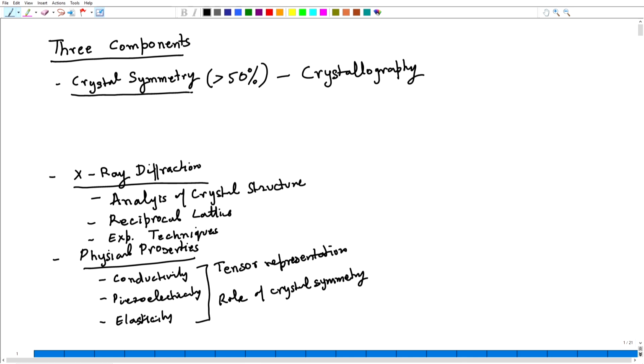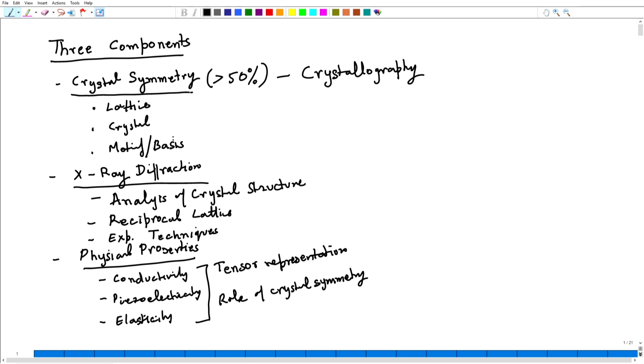Now, coming to crystal symmetry, in today's lecture, in fact starting from today, in the next 2-3 lectures, I want to introduce three key concepts. The concept of what is a lattice, what is a crystal, and what is a motif, which is also called basis.